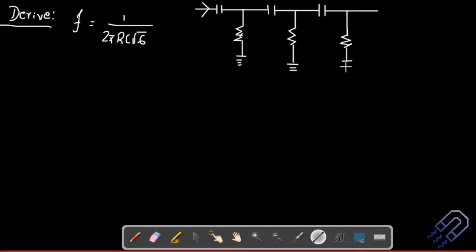Let's just mark some points here. You have got this first part, and let's say you have the input voltage from here, V in, and this is my current I1. Then this is your capacitor, and there are three nodes here.